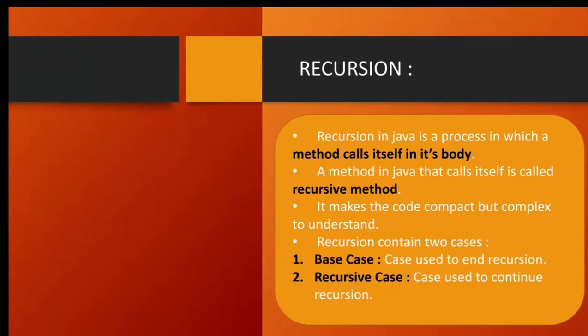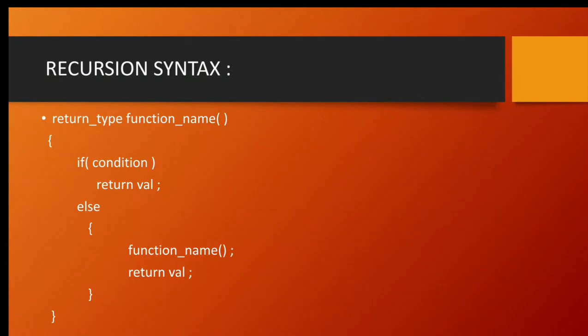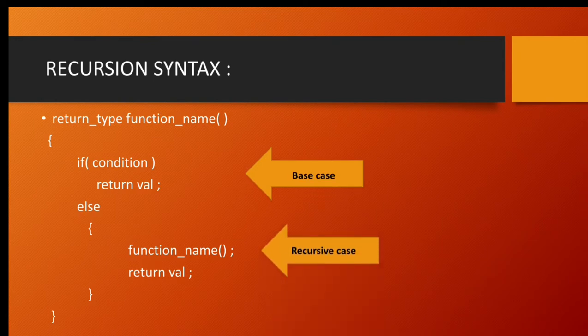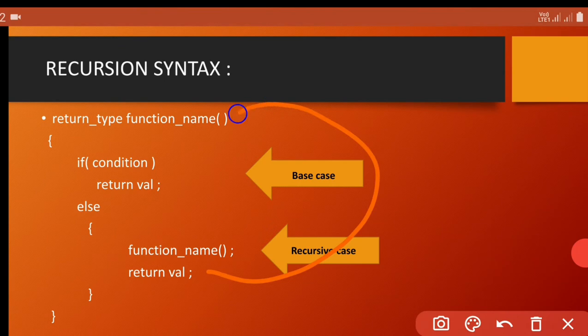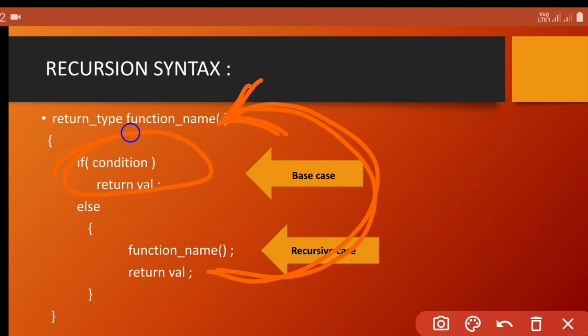Now see, the syntax of a recursive function. In that we have our base case and we have our recursive case. In that, we can have a recursion so that it may do our task, but somehow we have to stop that work.